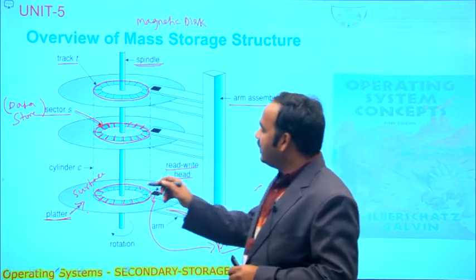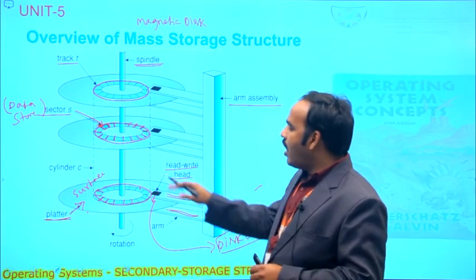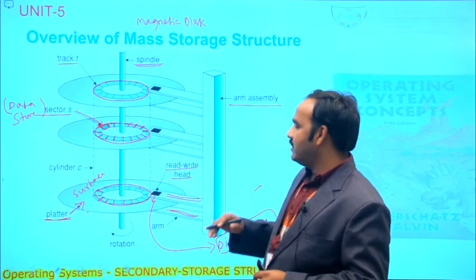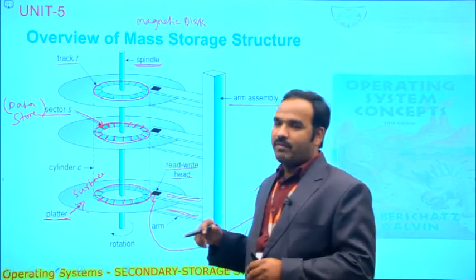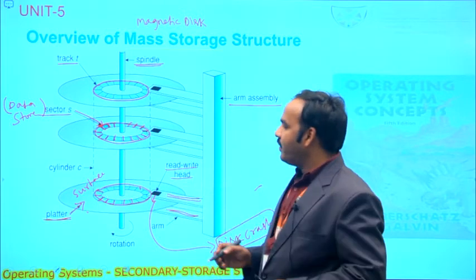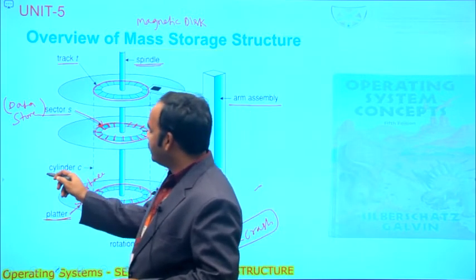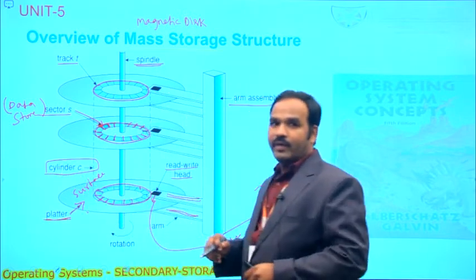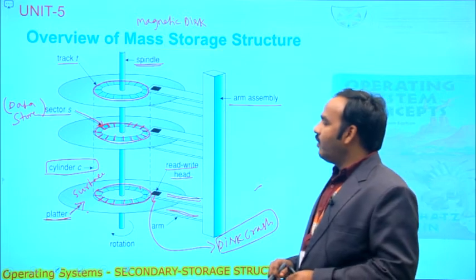Coming to the logical divisions, every platter surface is divided into tracks, and the tracks are again divided into sectors. Another component is the cylinder. What is a cylinder?